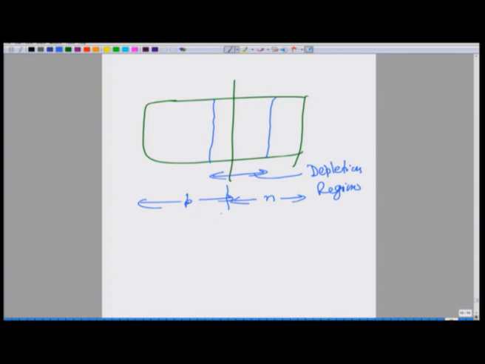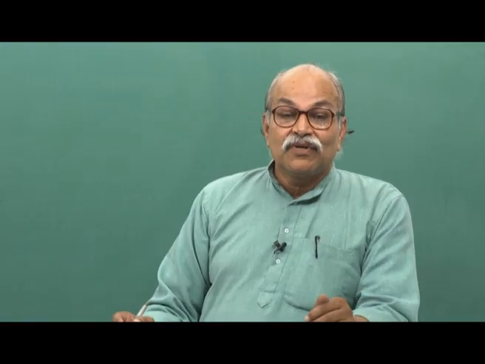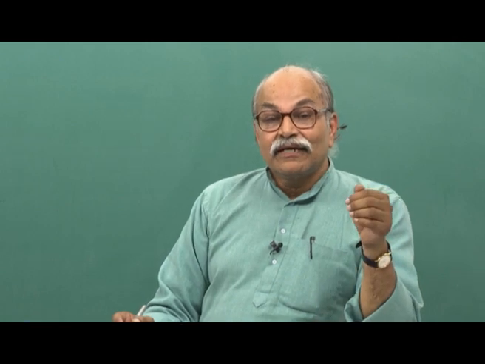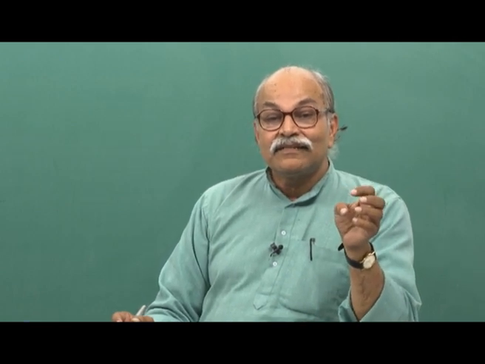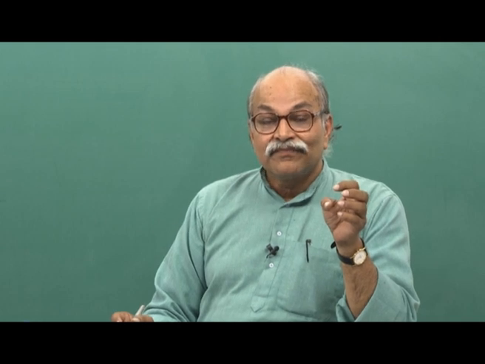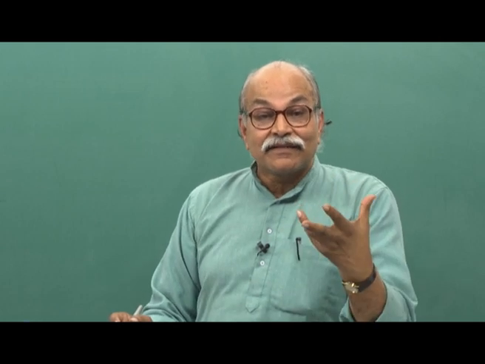What I am drawing, you are seeing, is that this separation I have drawn smaller and this separation I have drawn larger, call it x1 and call it x2. That was to emphasize that it is possible to have unequal widths on the two sides of this junction. Why? That will depend on the concentration of holes and the concentration of conduction electrons, which depends on my doping characteristics.